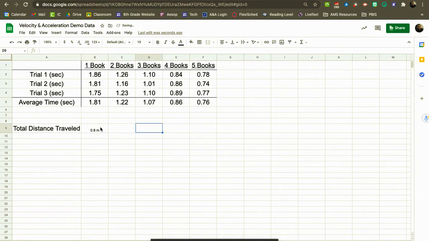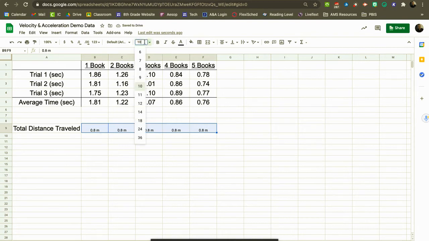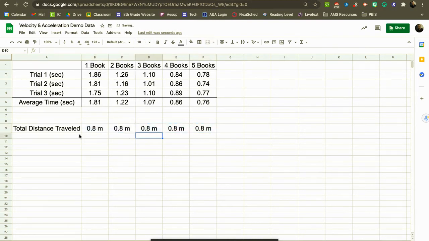And so this is going to be consistent for all the trials. So your next thing to do would be to take each book, so take each of these average times here, and take the total distance that they've all traveled as well. And I want you to make a distance versus time graph.